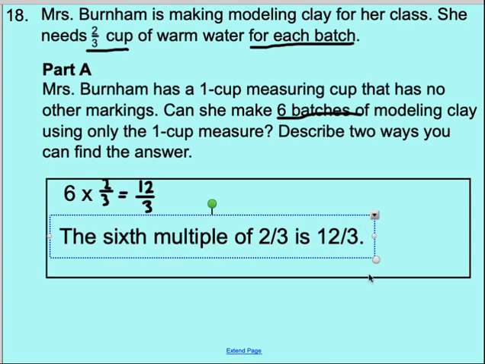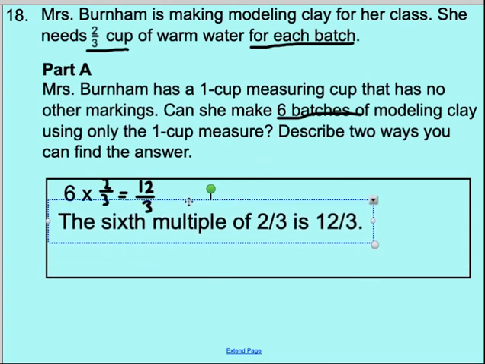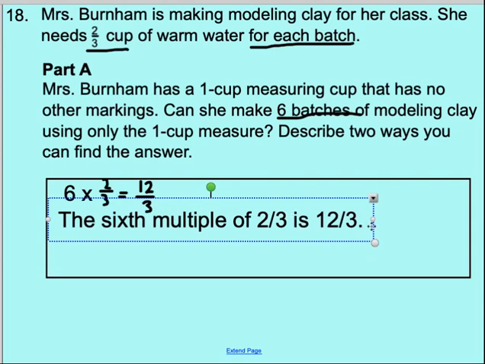So now let's talk about, can she make the 6 batches? The answer to that would be yes, because 12/3 is the same as what? She can use the 1 cup measure 4 times to make 6 batches.